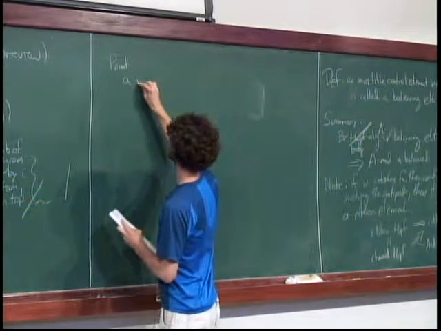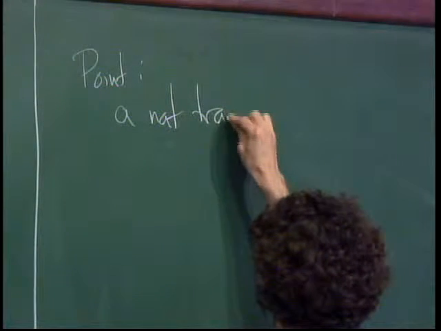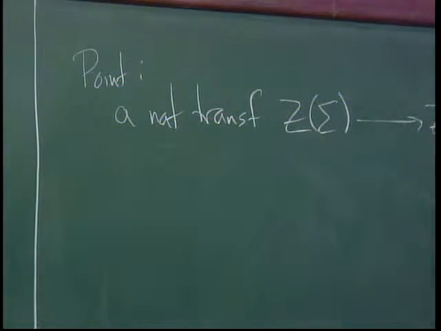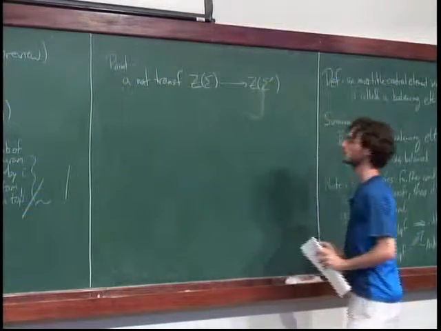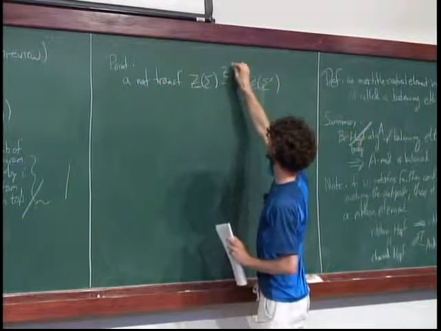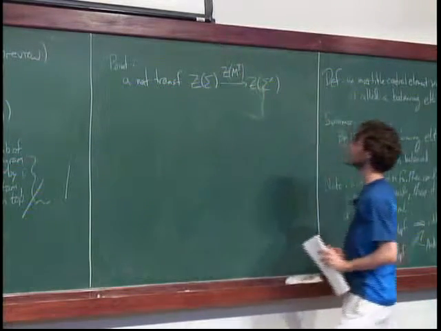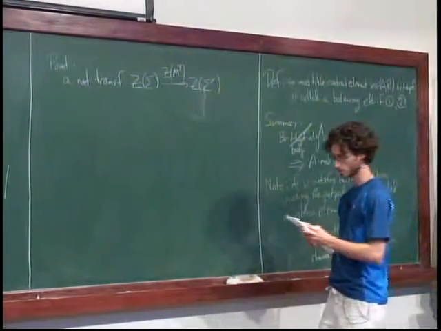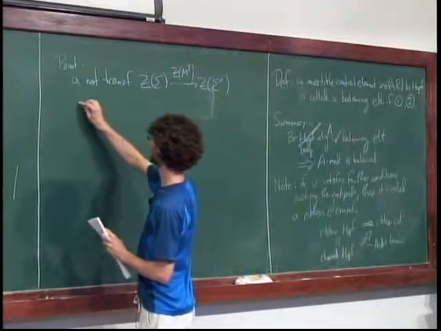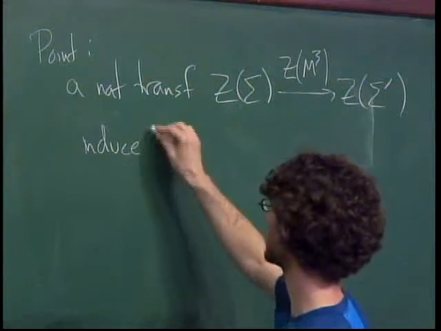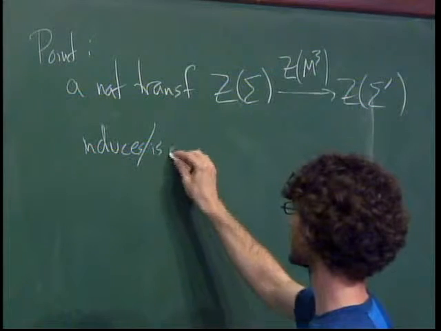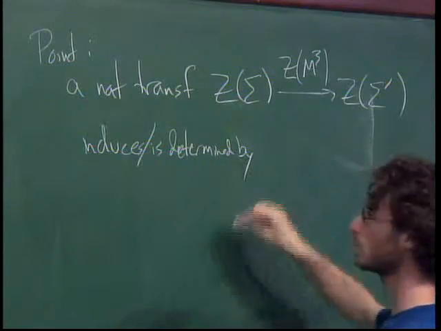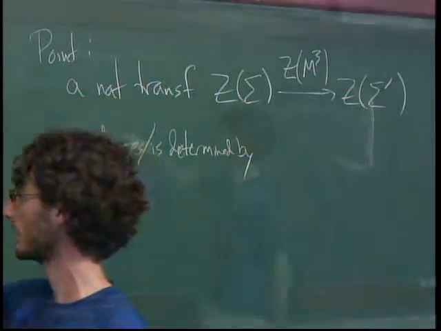If I have some natural transformation from Z of sigma to Z of some other two-manifold sigma prime induced by a three-manifold M3, I want some convenient way to describe what this natural transformation is. And so this induces, and correspondingly is determined by, what it does to these vector spaces.